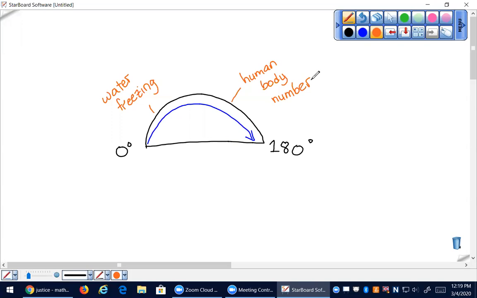So the best he could work out was, let's just make that 100, as long as I'm defining everything. So by adjusting everything in his earlier calculations, that moved this to be 212 for when water boils, and made water freezing even different than it was before. So it went all the way up to 32 and things like that.